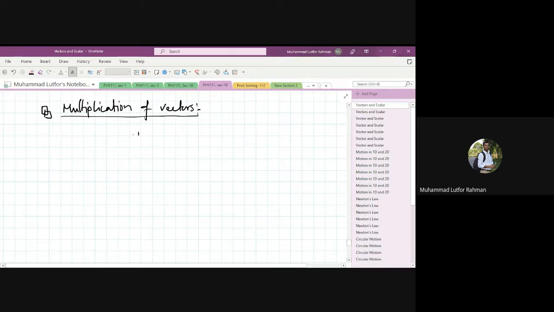One we define is the dot product, or scalar product, or sometimes we call it the inner product.